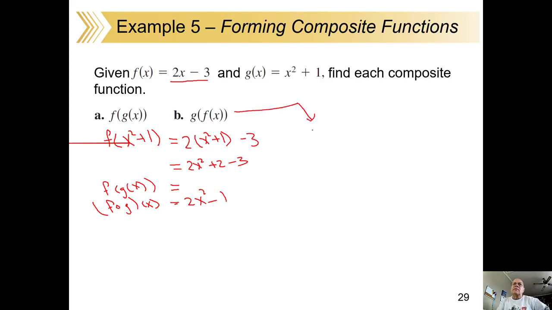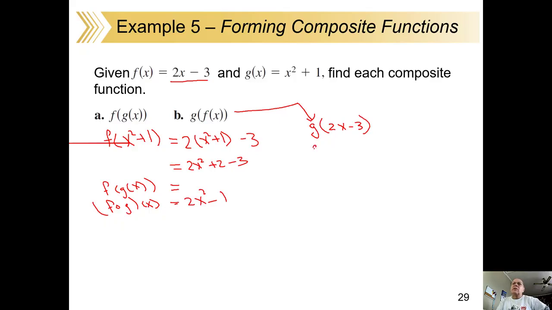Second one, leave the outside function alone temporarily. What is g going to see? It will see what f of x did. Well, f of x takes a number, multiplies it by 2, subtracts 3. That's what g is going to see when f is finished.